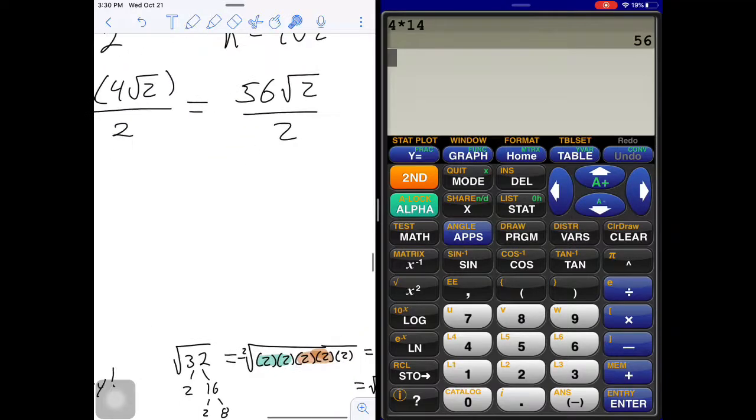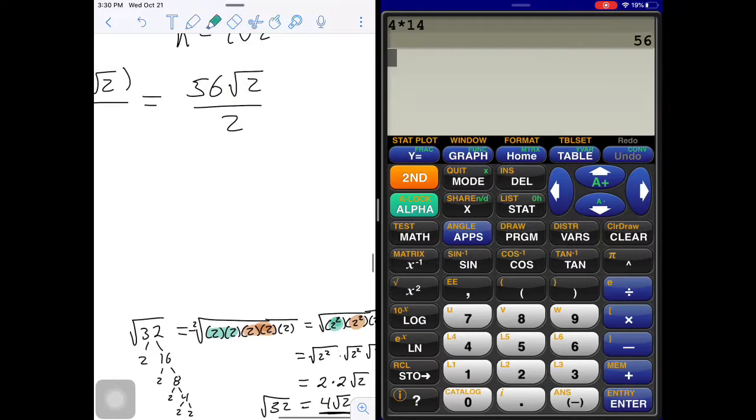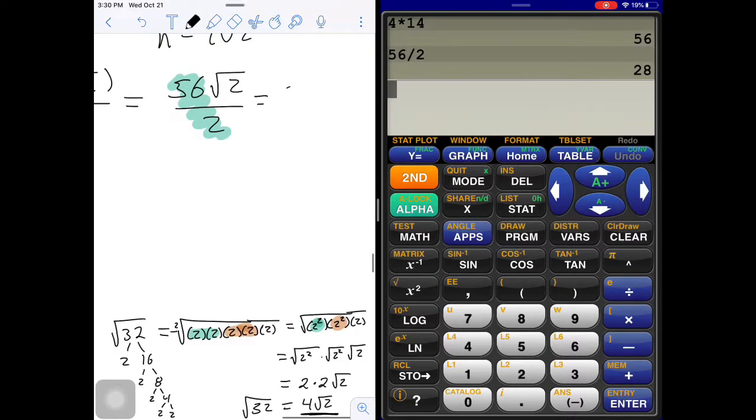And it's important to understand that you can't divide this 2 by this 2, because that makes no sense. This 2 is being square rooted. That's a different number being divided by 2. So what I can do here is take 56 and divide it by 2, because it's not being applied to a radical. So 56 divided by 2 gives me 28 root 2.